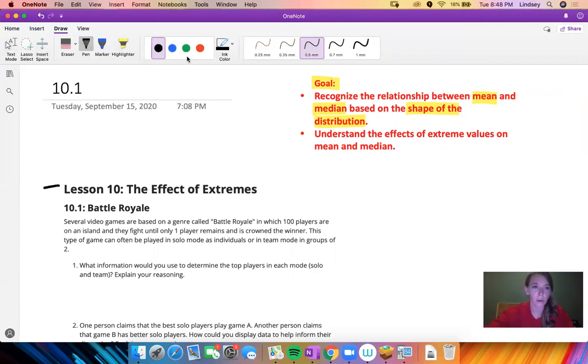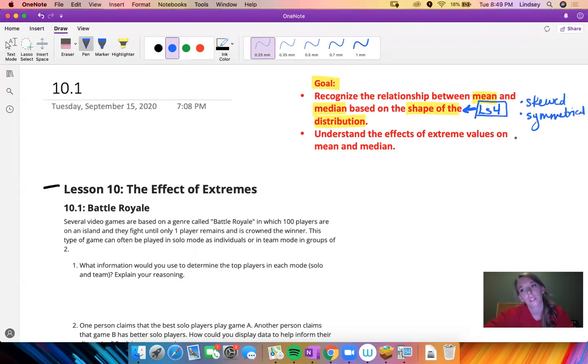Okay, so just a reminder, let's talk about the different shapes of distributions. That's back in lesson 4, if you want to refer back to it. That's where it talks about the shapes of distribution. Some of the ones we talked about were skewed, symmetrical, uniform, bell-shaped, and then finally bimodal.